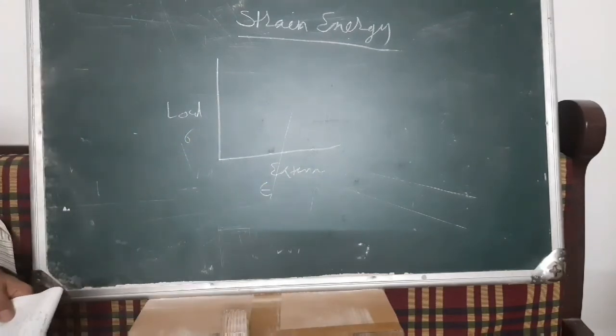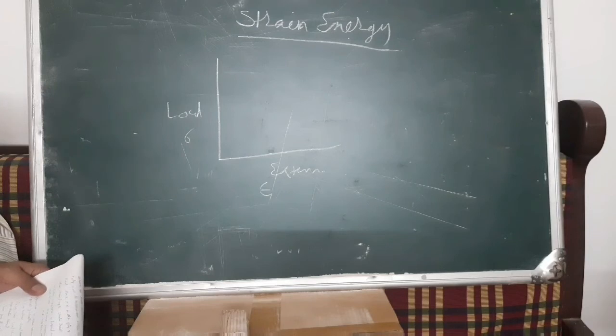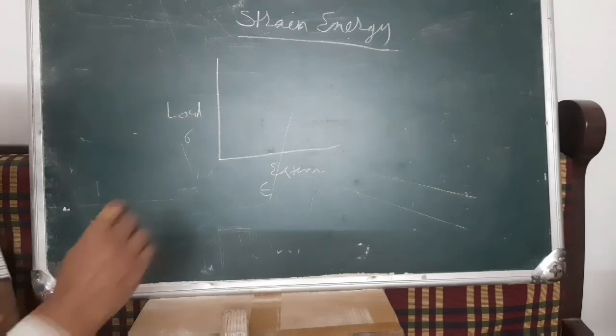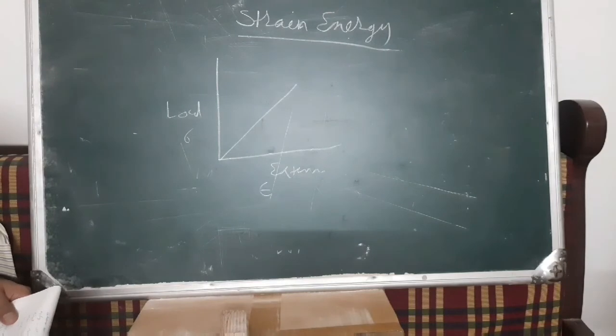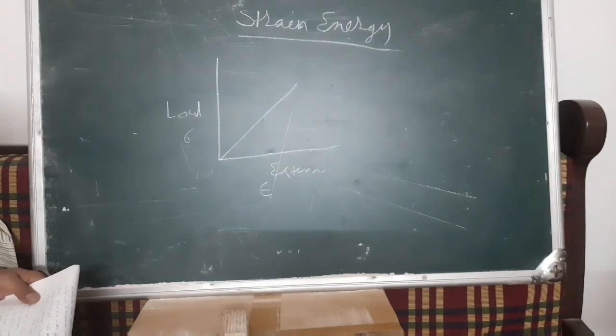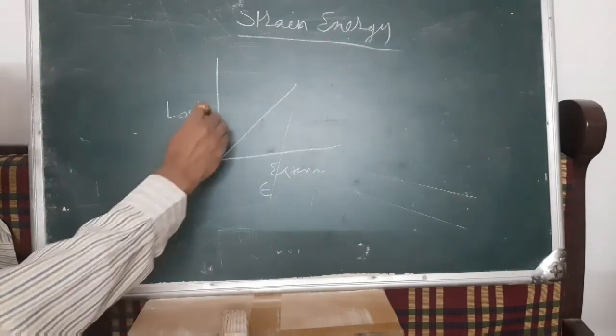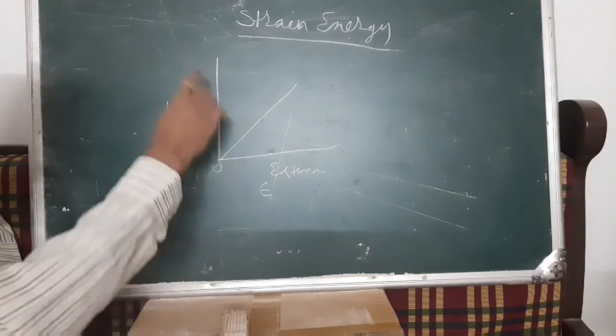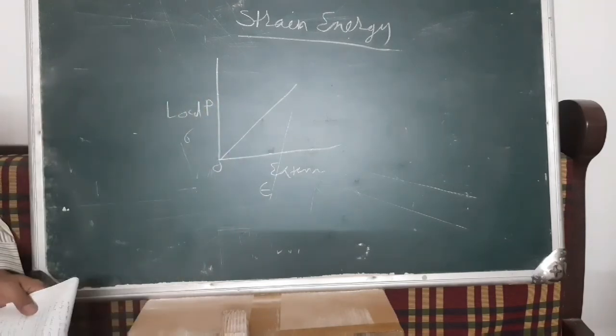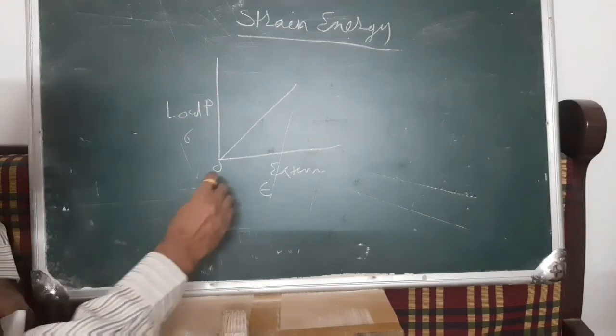The figure shows the load extension diagram when the body is under a tensile load up to the elastic limit. So we are considering only the elastic limit. The tensile load P increases gradually from 0 to P, and the extension of the material increases from 0 to x.